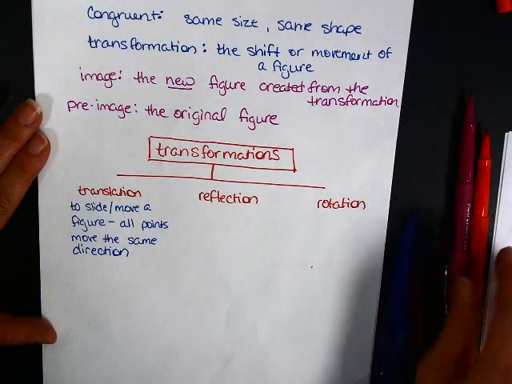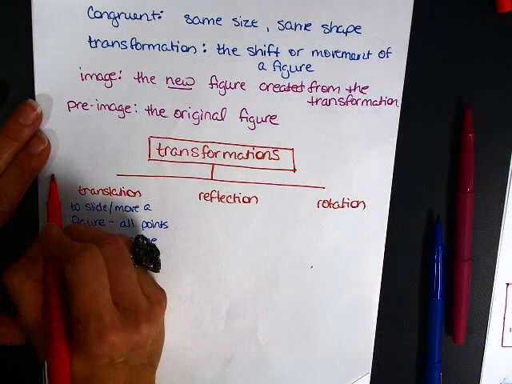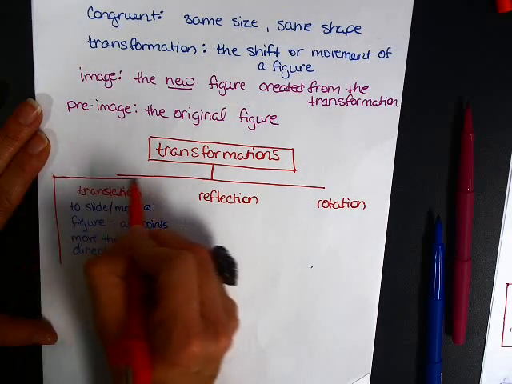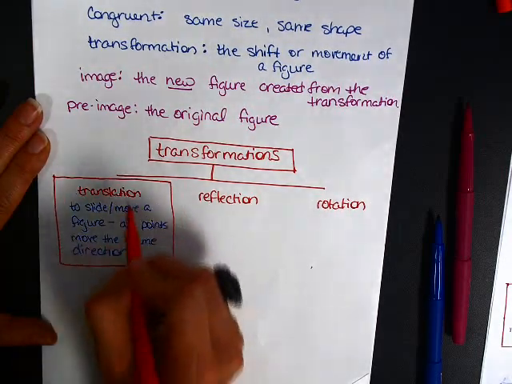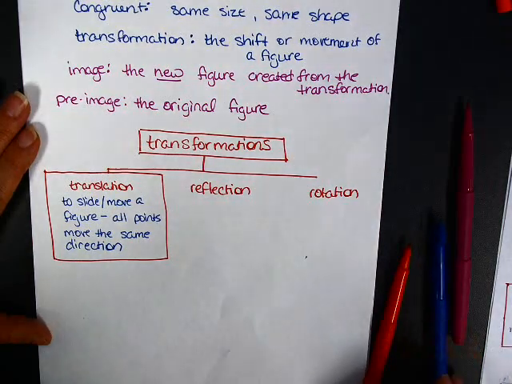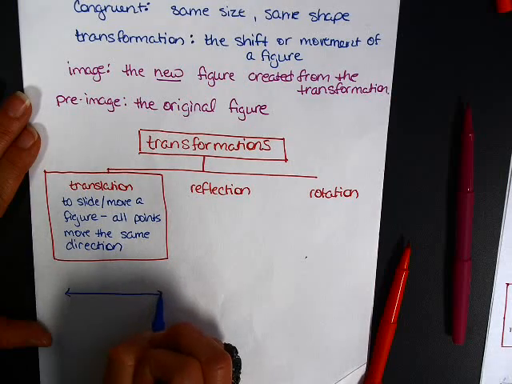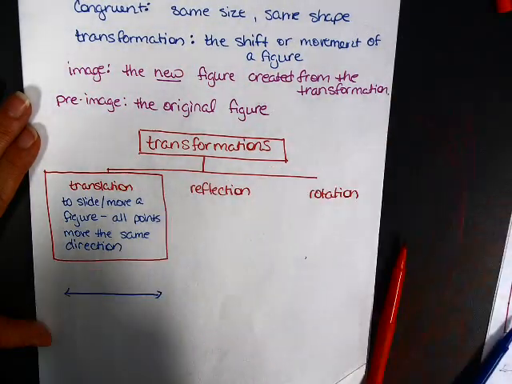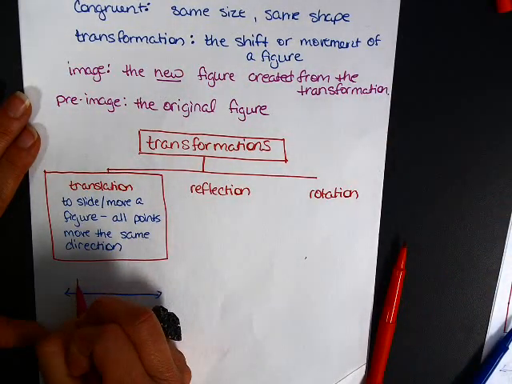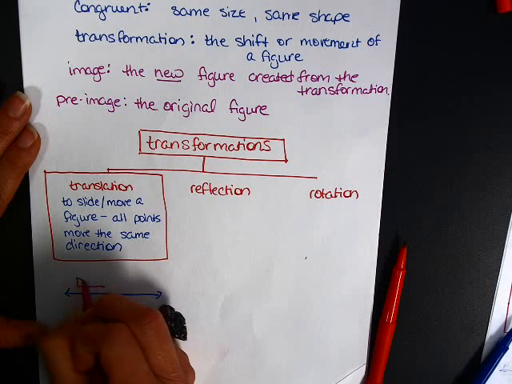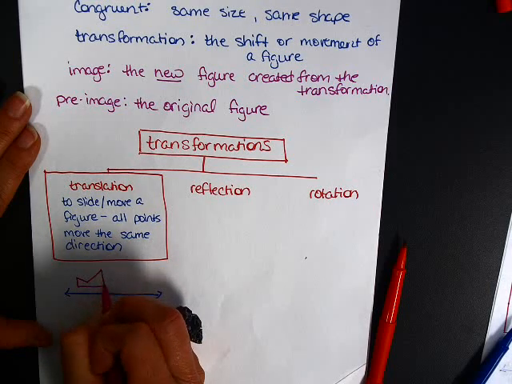Okay, to draw a picture of what that means. Get this boxed in here. All right, if I were to draw, let's see, get a little line right here. And I have this figure. Just going to draw a funny shaped figure right here.